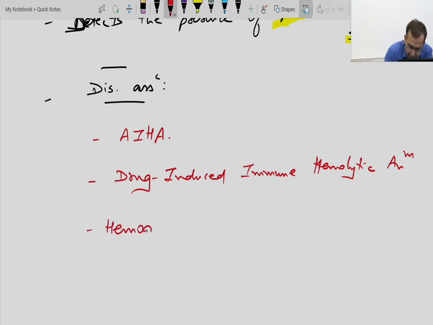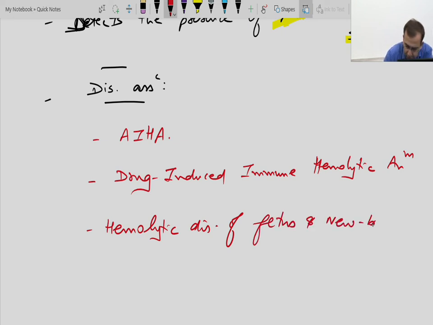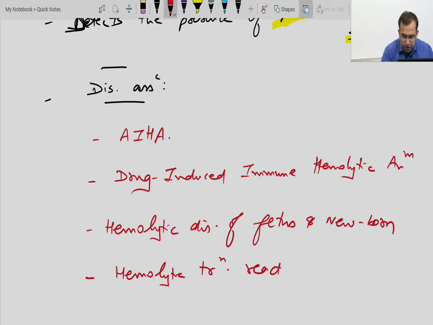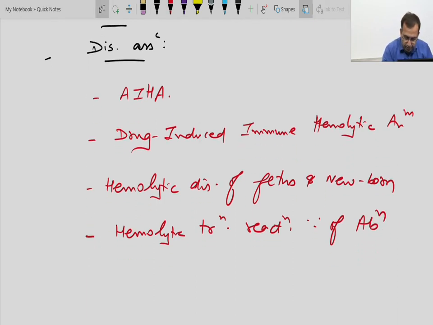Next, hemolytic disease of the fetus and newborn. Next, hemolytic transfusion reactions because of antibodies. And the last is SLE.